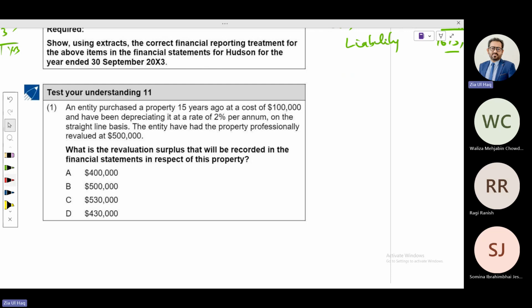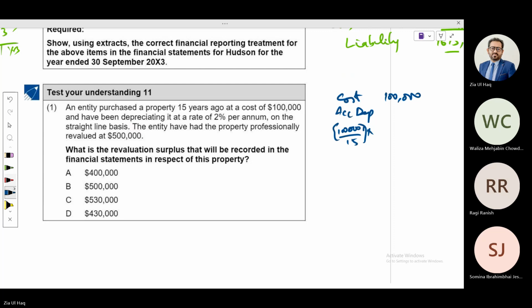Can you calculate the revaluation surplus? We need to calculate the carrying value, and the carrying value should be compared with this new market value, the revalued amount. So the entity's cost was 100,000. And its accumulated depreciation till now: 100,000 divided by how many years? 15 years. For how many years has that been used?